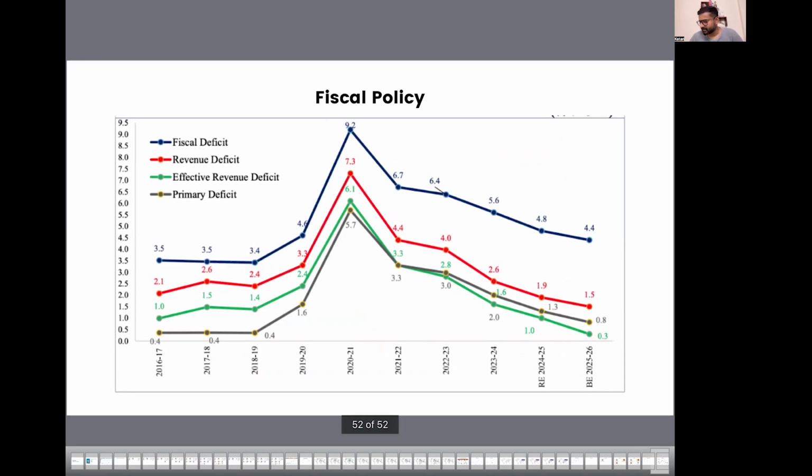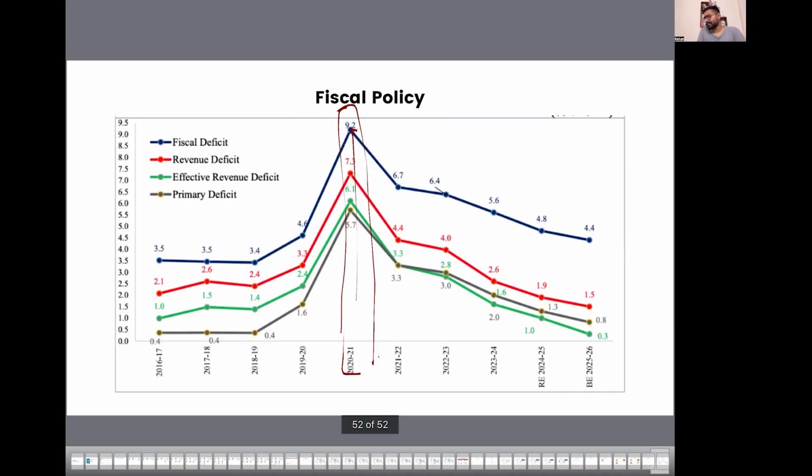We see that during this period the government of India took a lot of debt, and because of that the fiscal deficit and other deficits increased. And this was particularly done to give a fiscal stimulus to the economy, because at the time of COVID and the subsequent lockdowns, there was a need to give more stimulus to the economy, increase the money flow in the economy so that more jobs are created and more businesses are run.